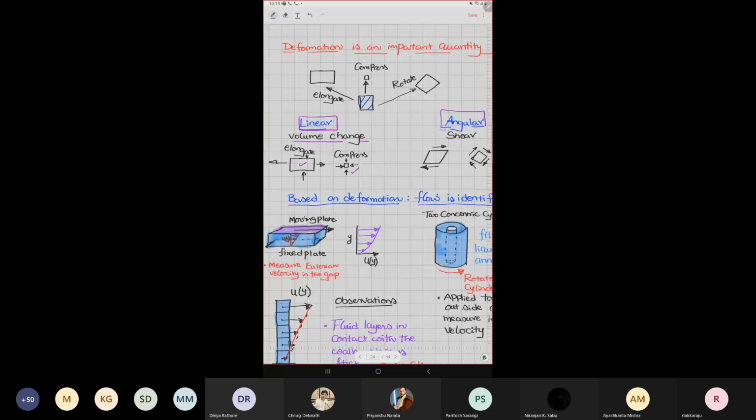Angular rotation or shear deformation is, you have an object, initially it might be a rectangle. You apply forces on top and bottom so that it tries to deform into this particular shape.